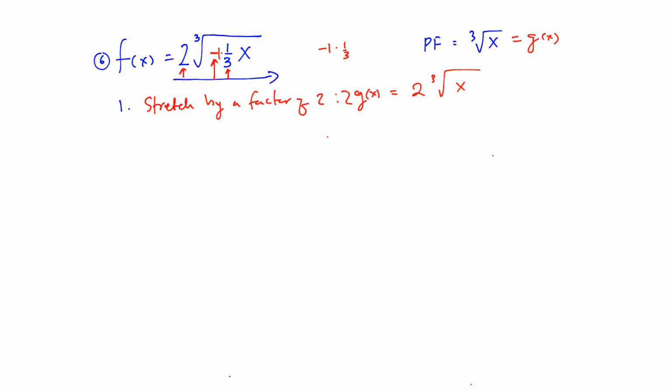So the way I'm going to do step 2 is I'm going to look at the negative and go, that's a reflection. So I'm going to reflect about the y-axis. So that means I'm looking at 2g, and then the x becomes negative x, which would mean I have 2 cube root of negative x. And then lastly, I have 1/3, and if you think about it, it's a horizontal movement, and 1/3 is counterintuitive. It's actually 3.